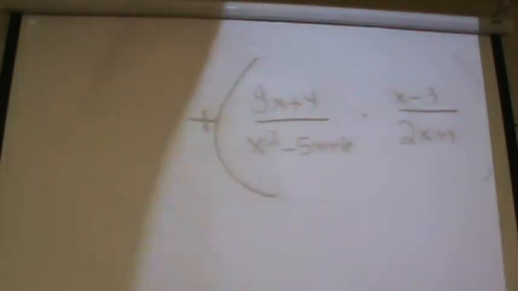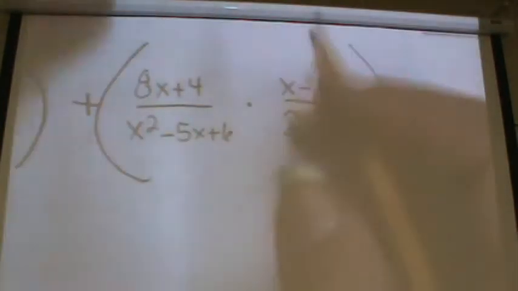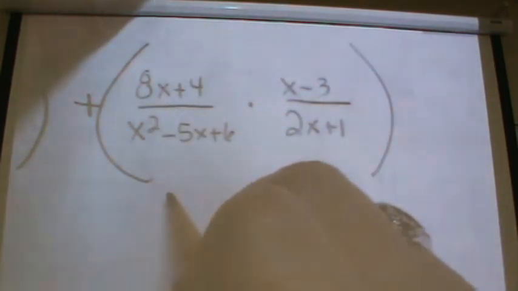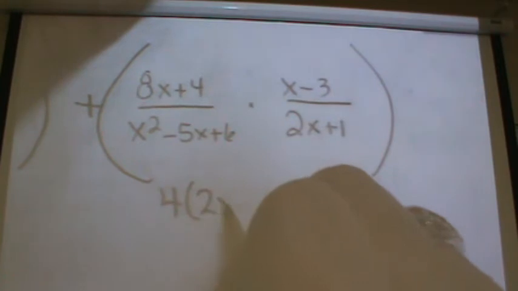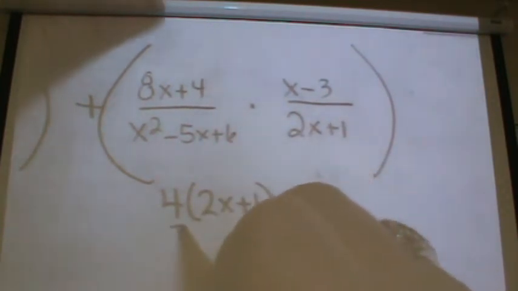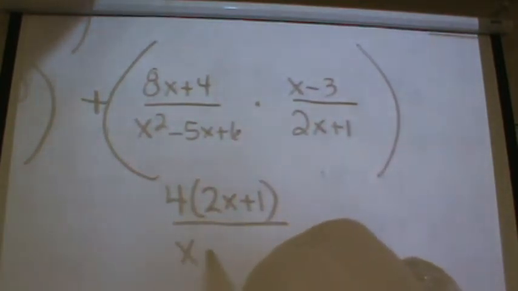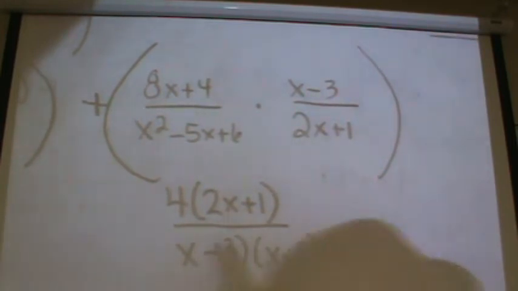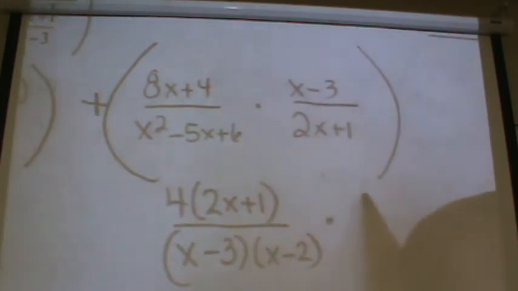It's fun. So what are we going to do with this piece right here? We're going to do what with this? Factor a 4 out. Factor this. X minus 3, x minus 2. Times.